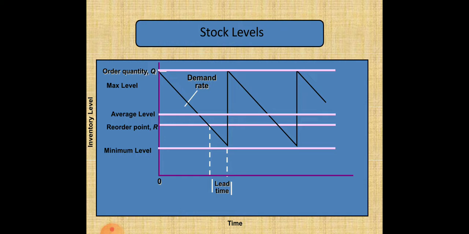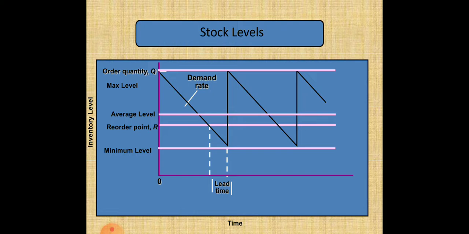So this is the diagram by which we describe the stock levels. On the x-axis there is time, on the y-axis there are inventory levels. As we consume goods with time, the level moves down from the highest level. There is a reorder point at which we order the goods, and there is a lead time.